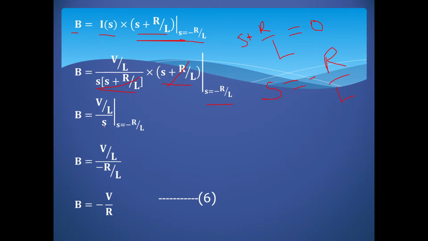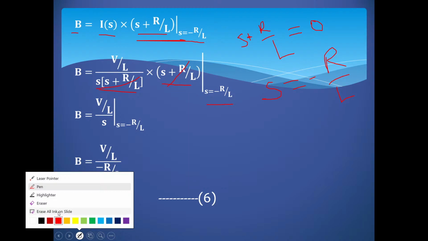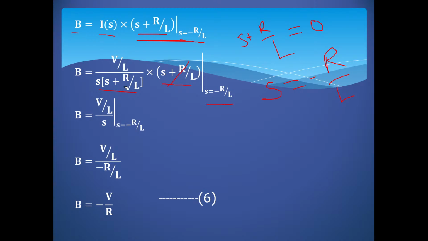V by L by S. Now substitute the S value, minus R by L. So V by L by minus R by L, L cancels, and you will get minus V by R. I hope you have understood how to determine the A value and B value.